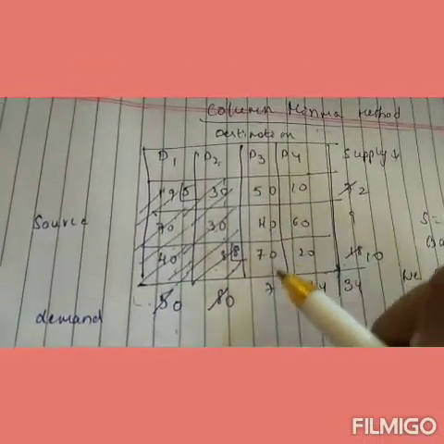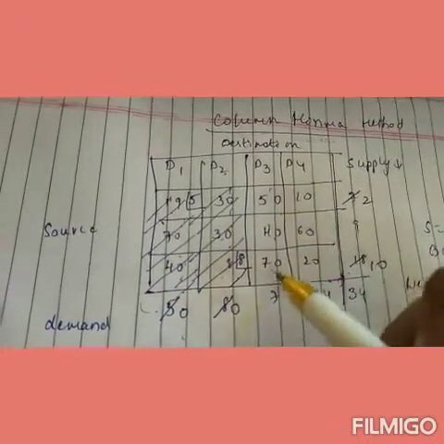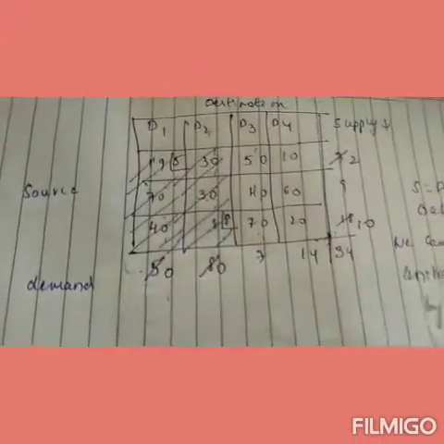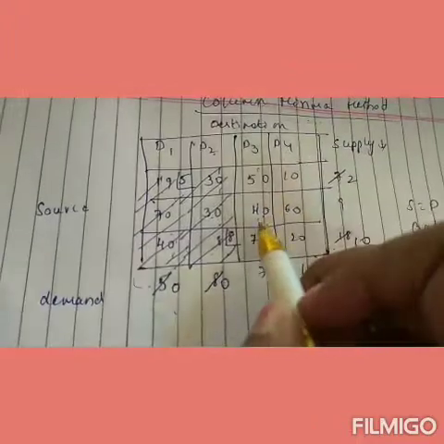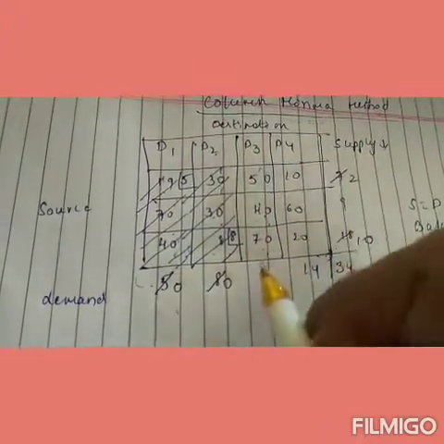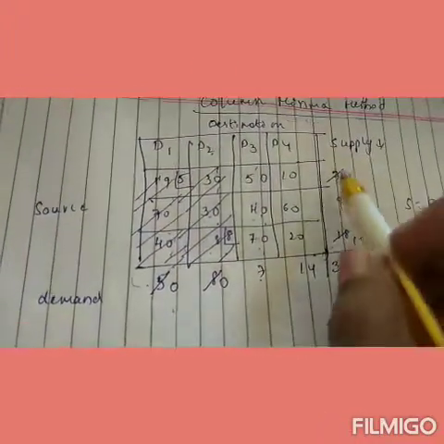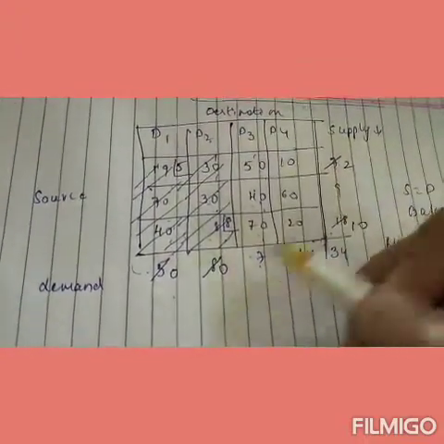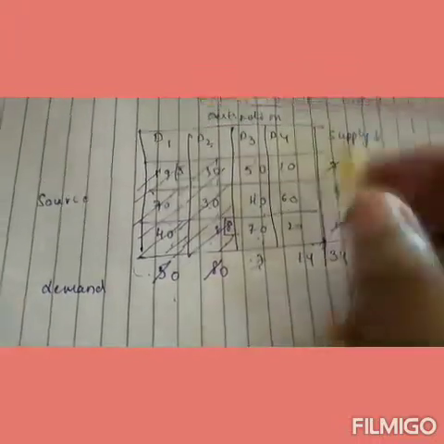And next column, 50, 40, 70. Which of these three numbers is minimum? 40 is minimum, right? So take this 40 and check the supply and demand. Supply is 9 units, demand is 7 units. Which is minimum, 9 and 7? 7 is minimum.